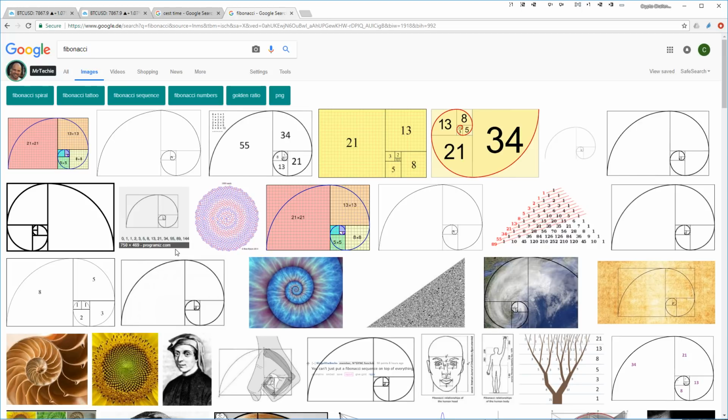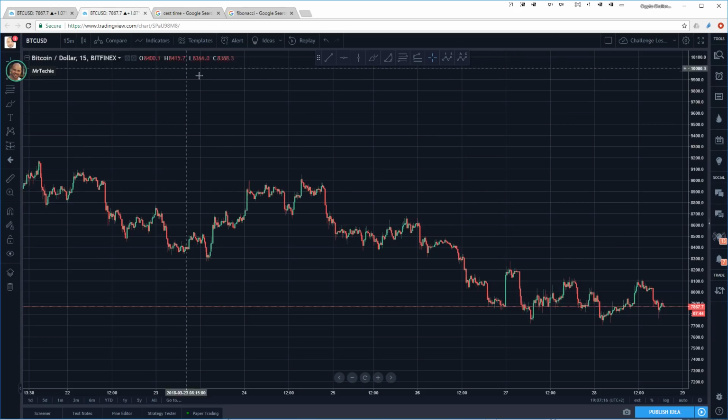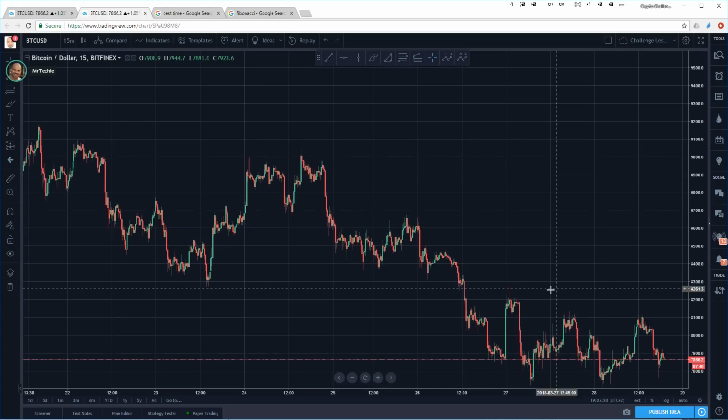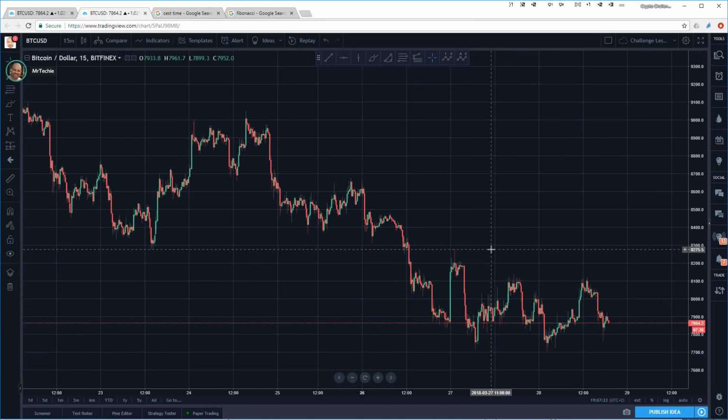These numbers are called the golden ratio. As I mentioned, you can find it everywhere in anything that has a pattern. I'm not going to say you can find it in anything, but anything that has a pattern, you can generally find a Fibonacci pattern that matches up with it, including charts. And in technical analysis, it's all about patterns.